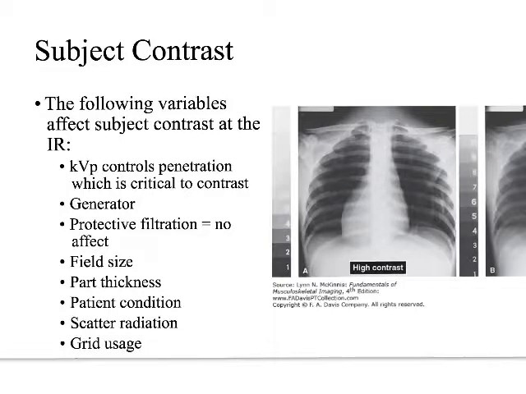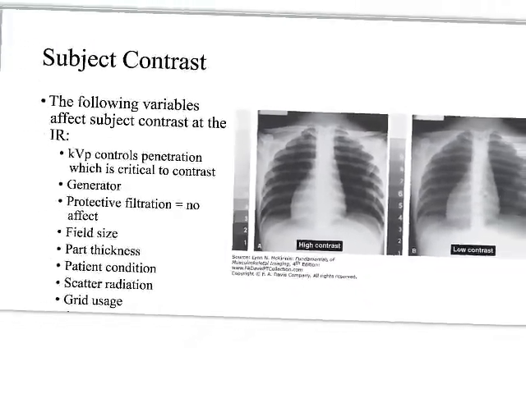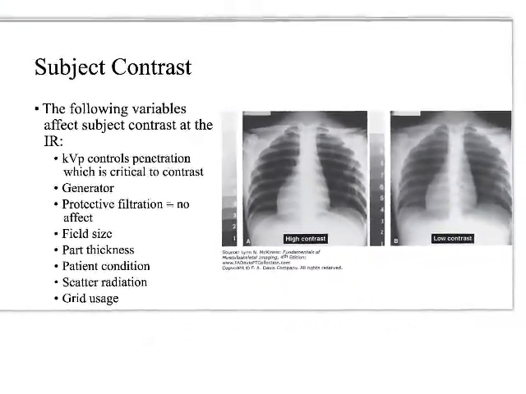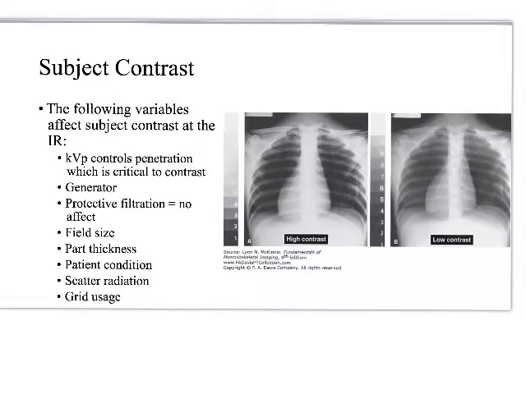And then as we decrease KVP, we wind up increasing contrast. So on these two images, let me zoom out again. Which one of these would we guess has a high contrast? Right. The one on the left that says high contrast.